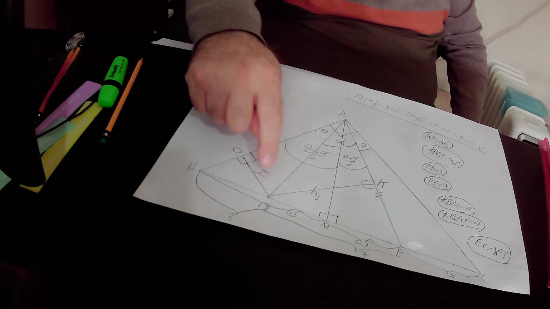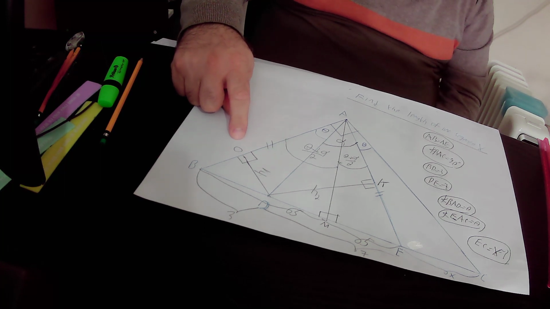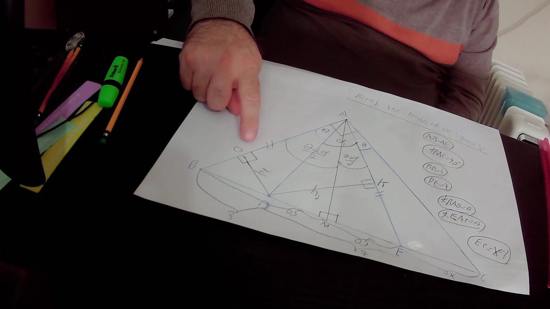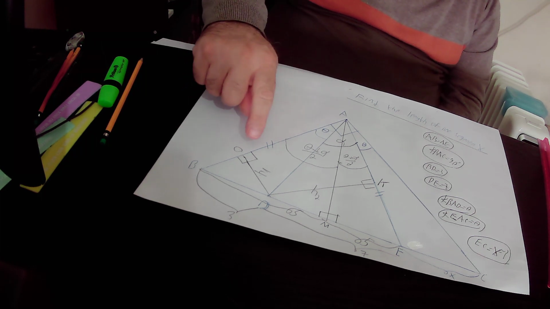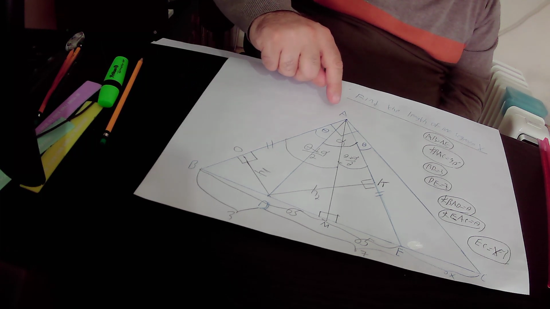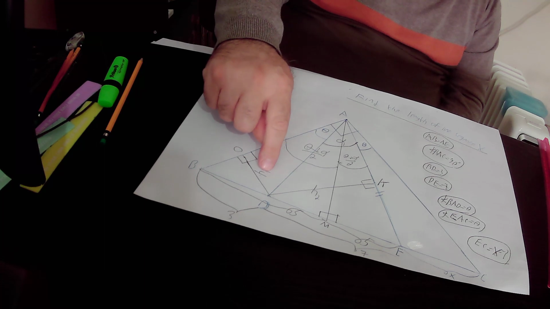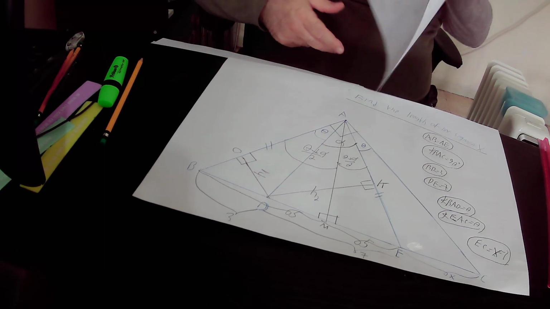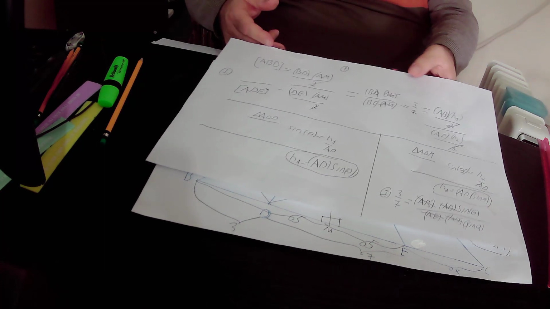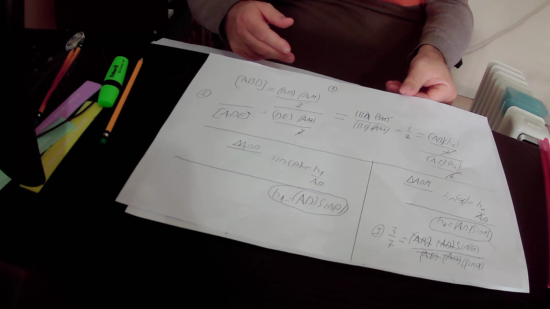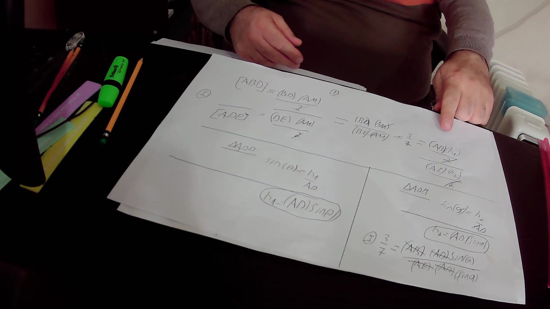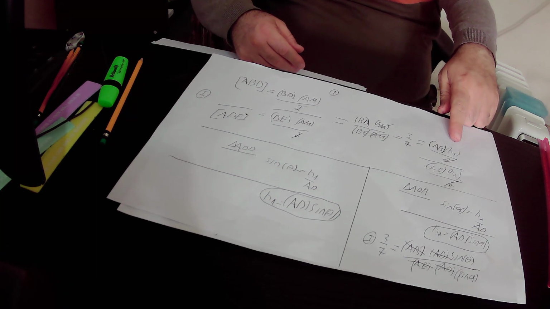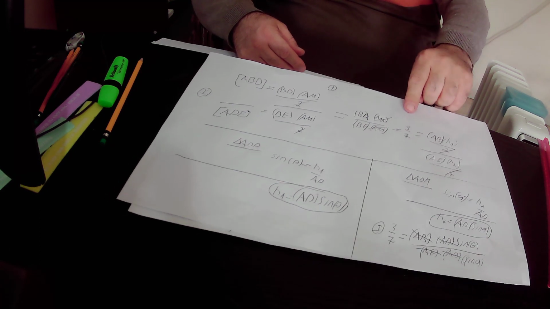Why is DO the height to the base? Because it creates 90 degrees with the base here. So it is the base AB times the height, that is H1, over 2. So in conclusion, the area of triangle ABD, when we calculate it in a different way, equals the base AB times the height to the base, that is H1, over 2.